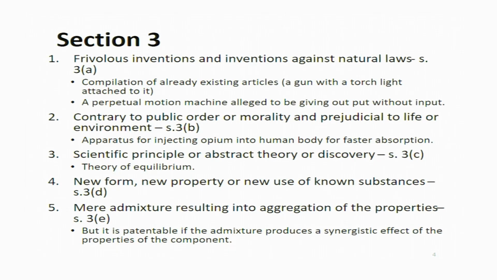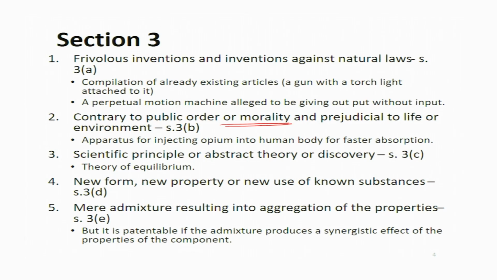Section 3B says any invention which is contrary to public order or morality, we'll talk about immoral inventions in detail later on, or which is prejudicial to life or which is harmful to the environment cannot be patented. A machine which is used to pollute the environment can never be granted a patent. An immoral invention can never be granted a patent.